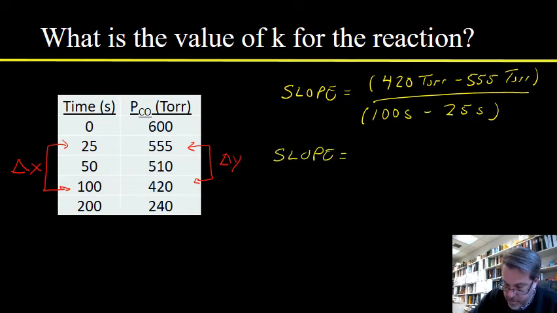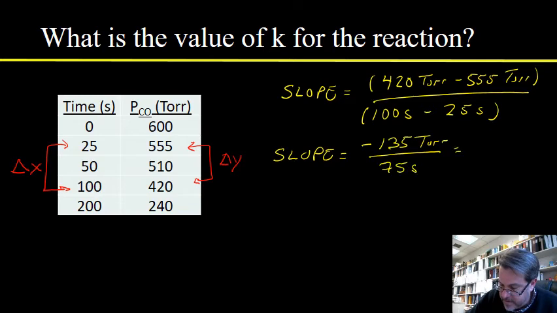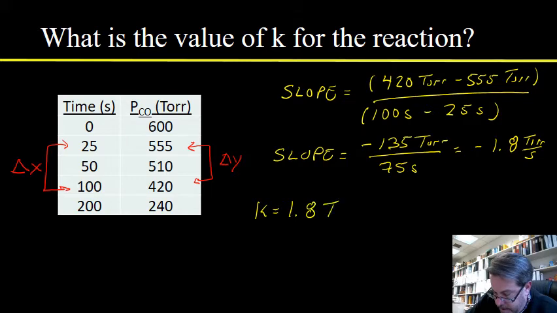And so in the numerator, we get negative 135 Torr. In the denominator, we get 75 seconds. So again, that gives us the same result, negative 1.8 Torr per second. And since k is negative slope, k is 1.8 Torr per second.